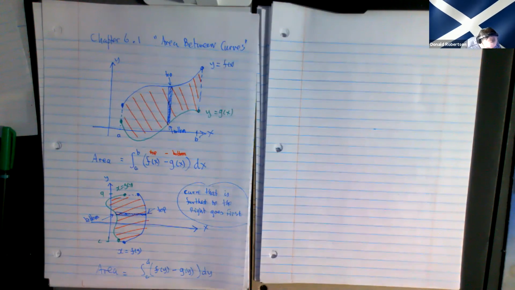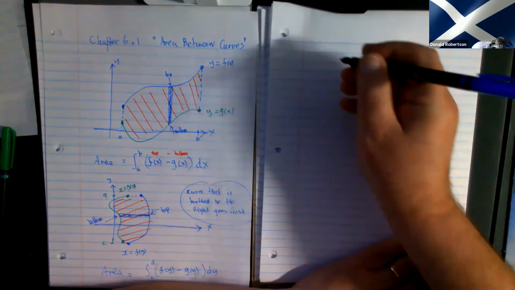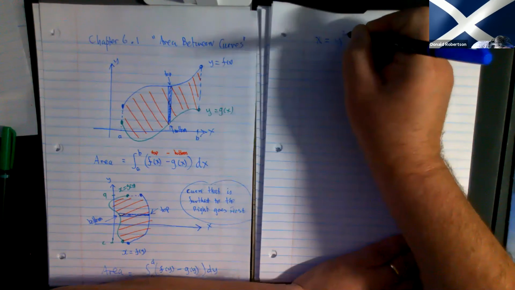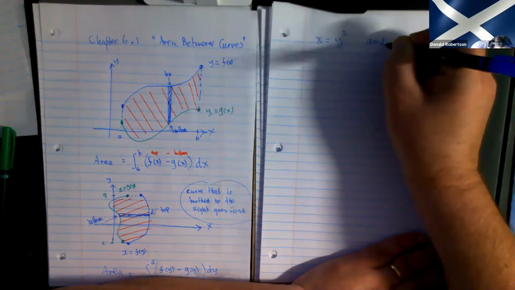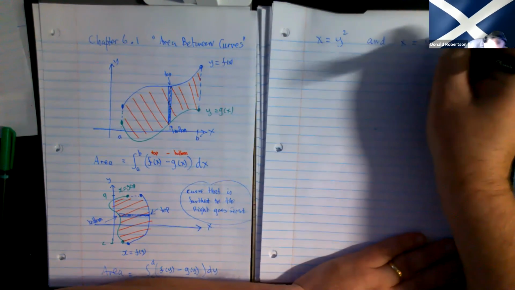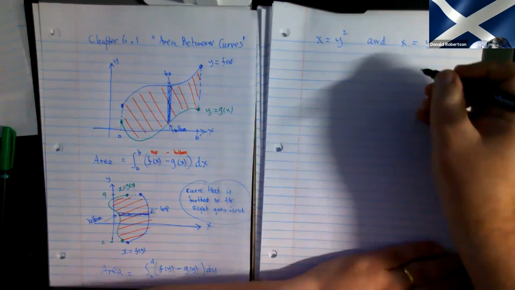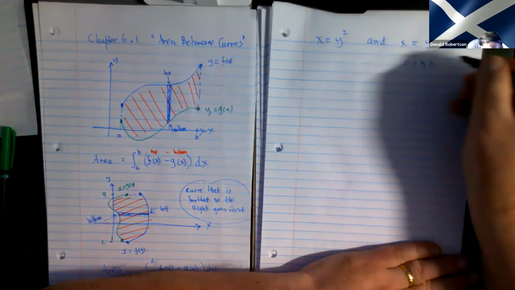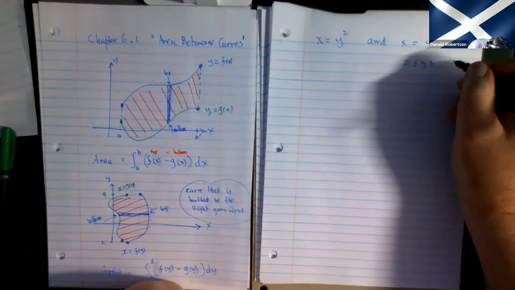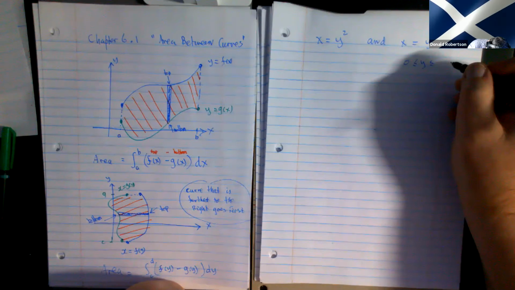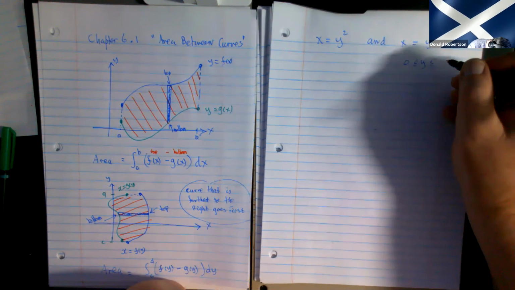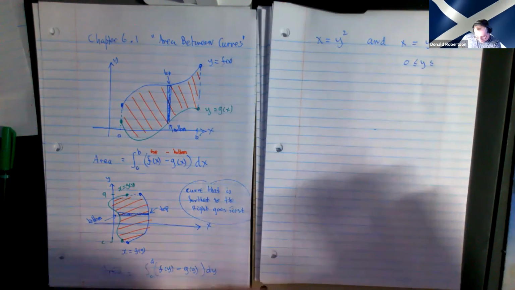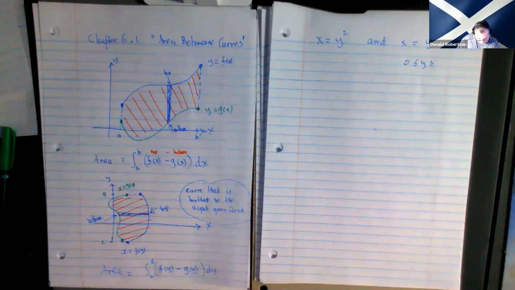So what would these questions look like? Well, you might be asked to find something like this. Find the area between x equals y squared and x equals y plus 1, and y's are going from 0 to, let me try to make this curve work in my brain here.